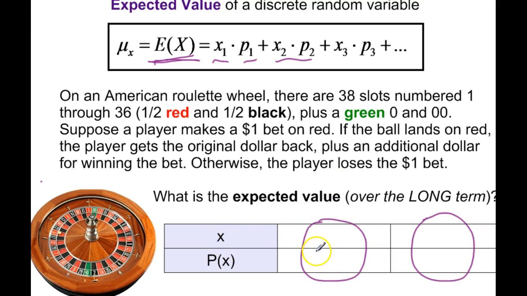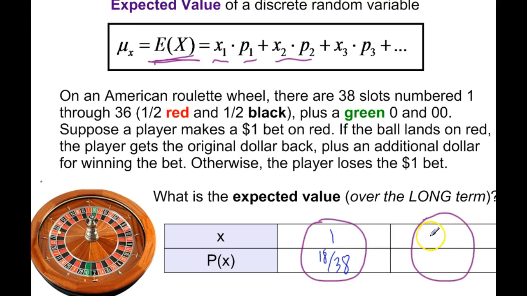The probability of winning would be 18 over a total of 38 slots. There are 18 red colors for the numbers there. So if you make a $1 bet, you get the original $1 back plus an additional $1. So effectively, you get a positive 1, and 18 out of 38 is your probability.